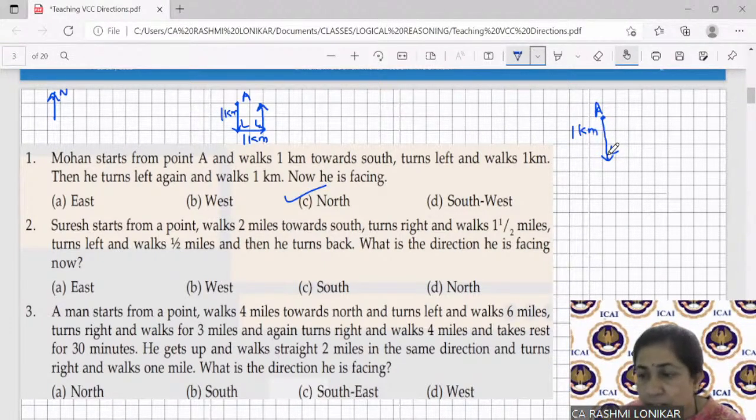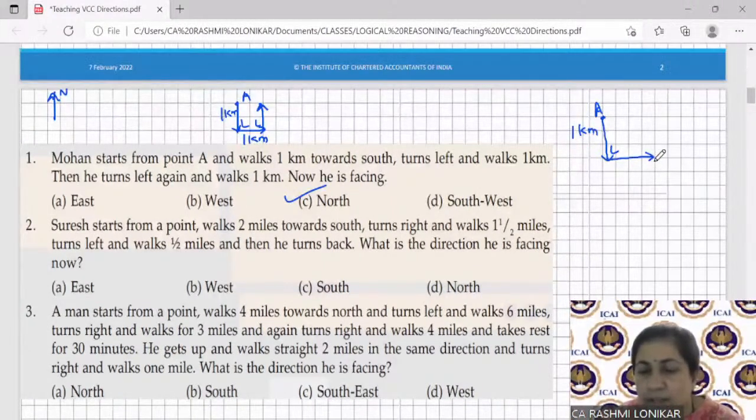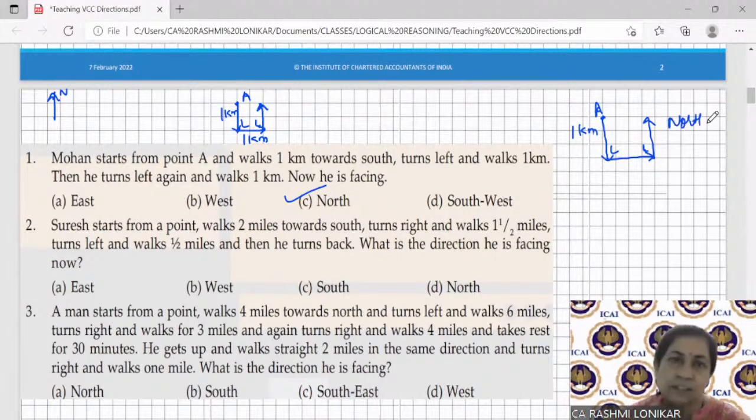Then he turns left, because he is going towards the south direction, and goes 1 kilometer, and then again he turns left. So here this is his left. Then he goes 1 kilometer this way, and this is the north direction. Is that clear?